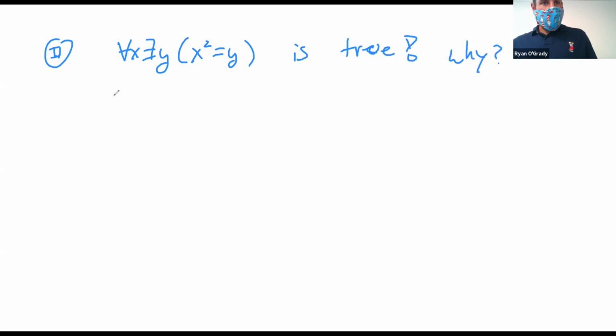Why? Because once we pick x, we can square it. And basically this statement is just saying that you can square any real number. That's all this is saying.